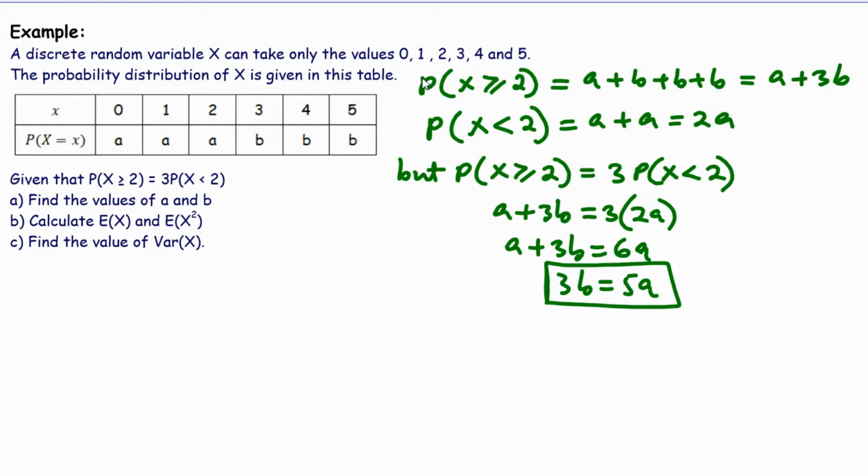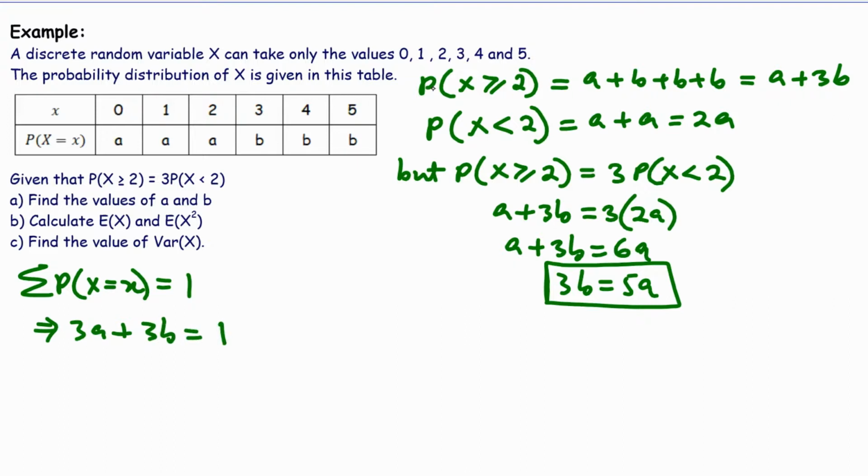So again, the other thing is that we know that all probabilities in a sample space add to 1, which means that this table should add to 1. So we add all these, and that implies that 3a plus 3b should be equal to 1.